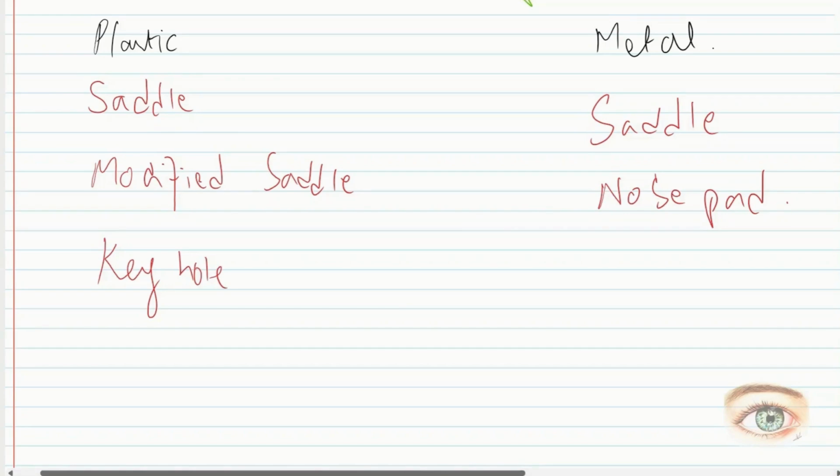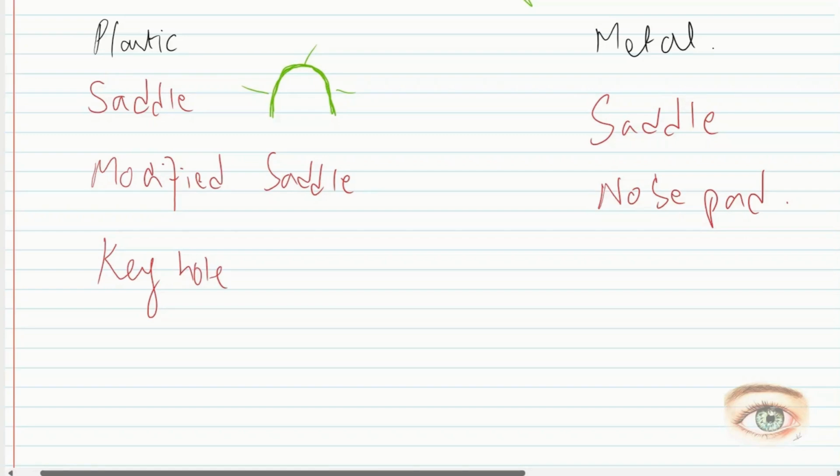So, what is a saddle nose bridge? You've guessed it right, like the saddle of a horse. In this type of nose bridge, the weight of the spectacle frame is equally distributed on the top part of the nose and the sides of the nose, right?